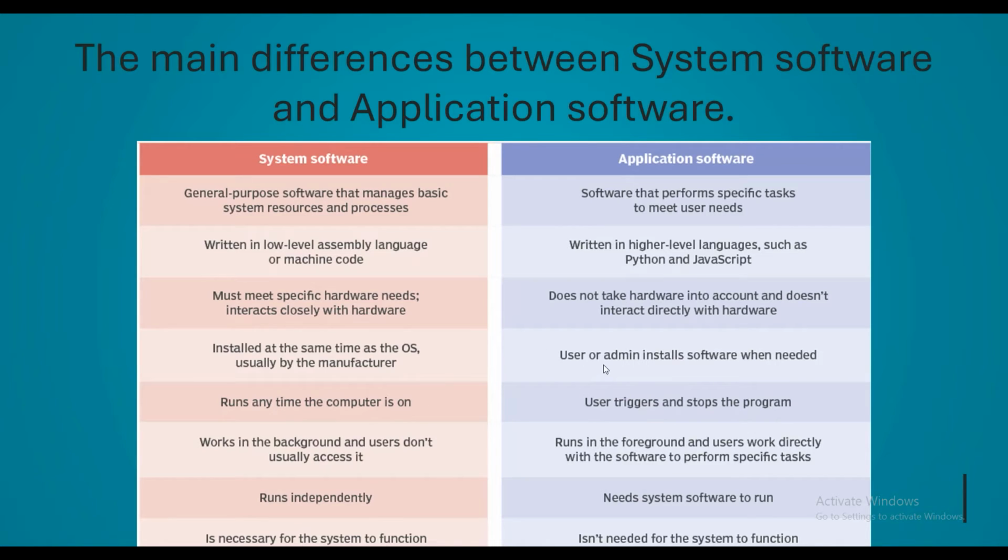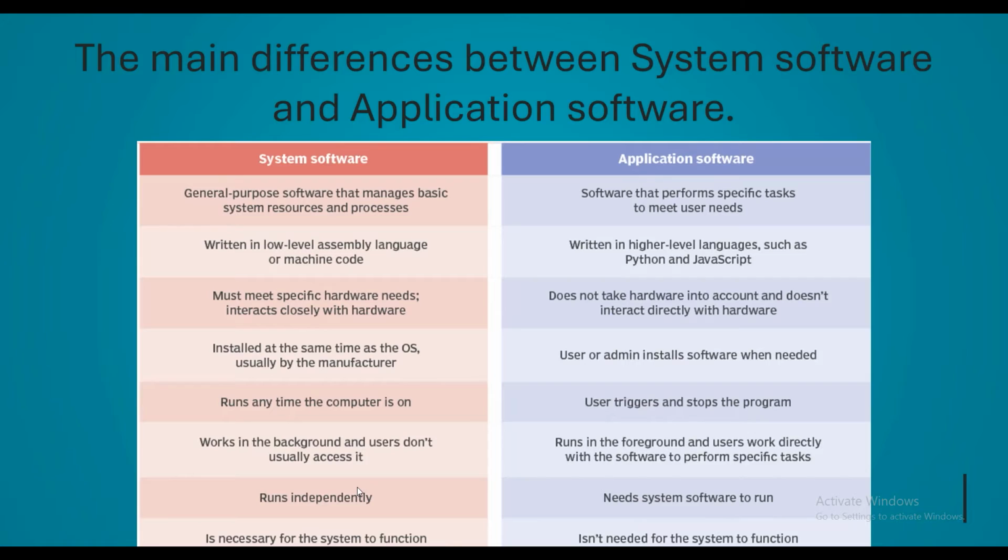And the application software runs in the foreground and the users work directly with it to perform specific tasks. And when the user finishes, he can stop or cancel this software. The system software runs independently. The application software needs system software to run.